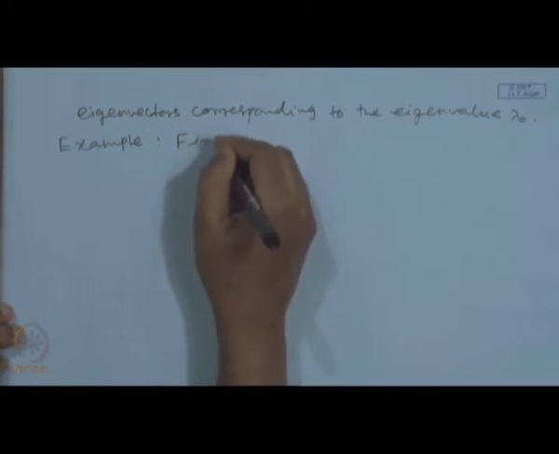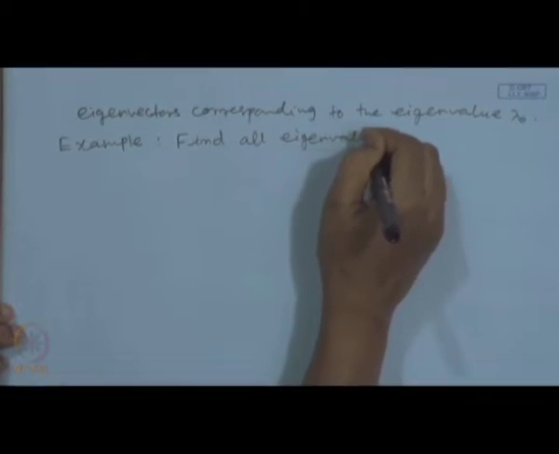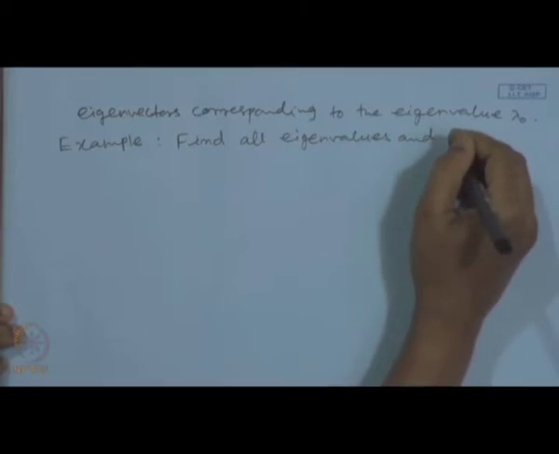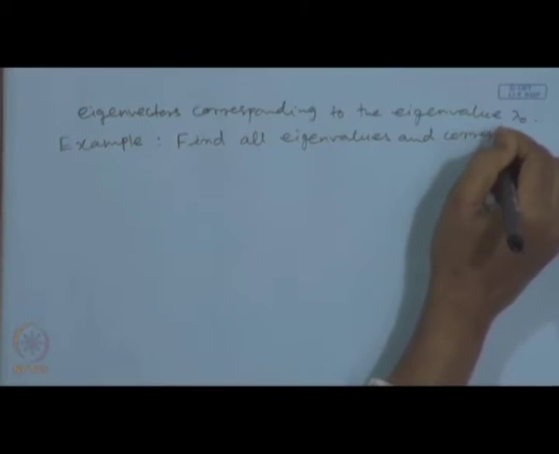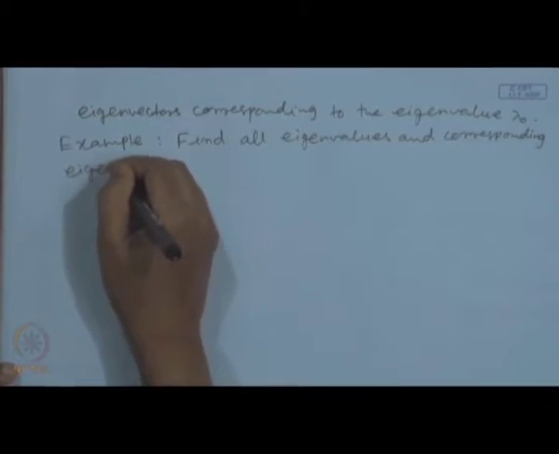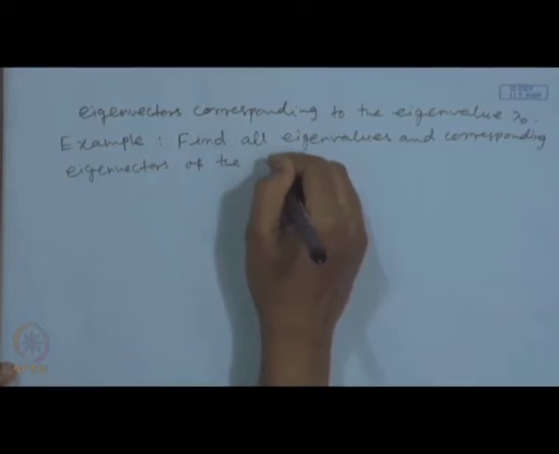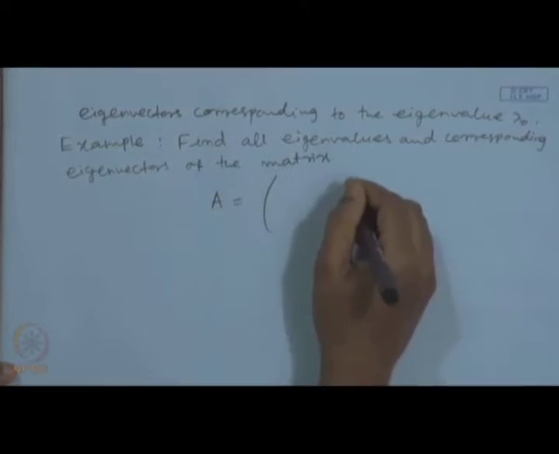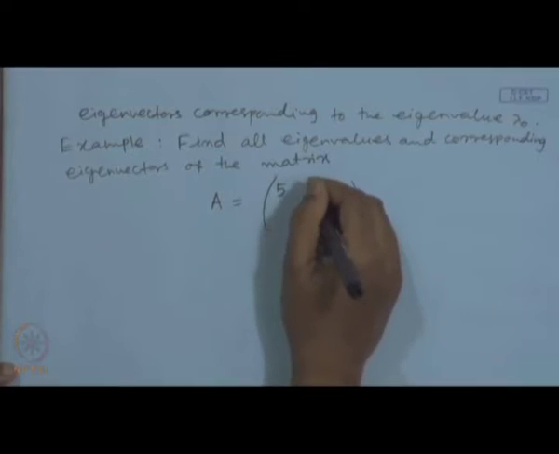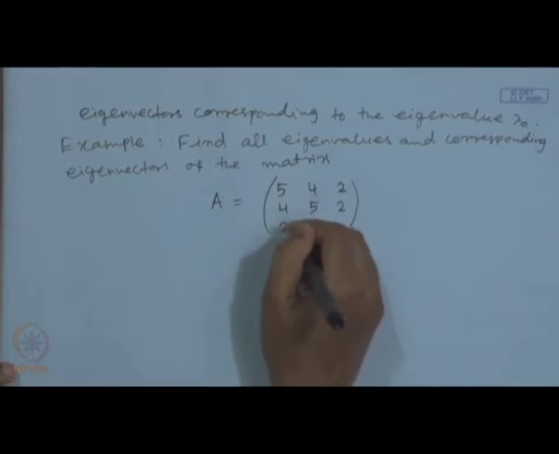Find all eigenvalues and corresponding eigenvectors of the matrix A, that is given by 5 4 2, 4 5 2, 2 2 2.